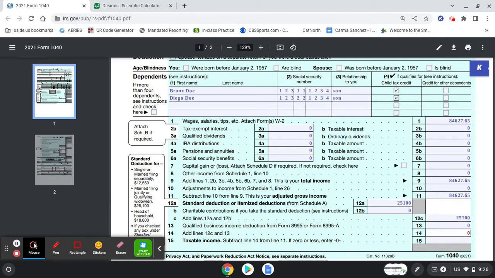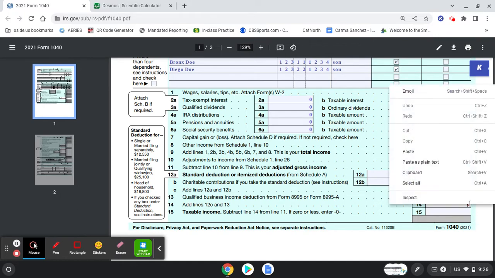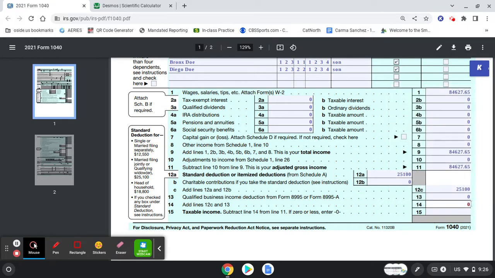No qualified business income. All right, so now it tells us to add lines 12, C, and 13. And then our taxable income is subtracting 25,100 from our income.